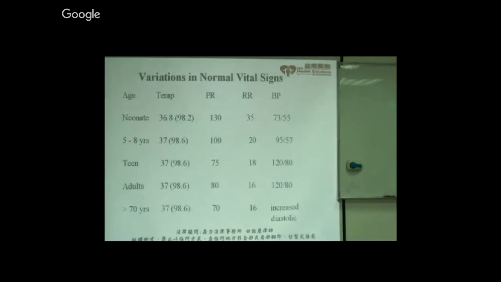You don't have to memorize this. Just read it. You have to see the variations in the normal vital signs, based on the age. Neonate means newborn, so they have lower body temperature compared to the adults.